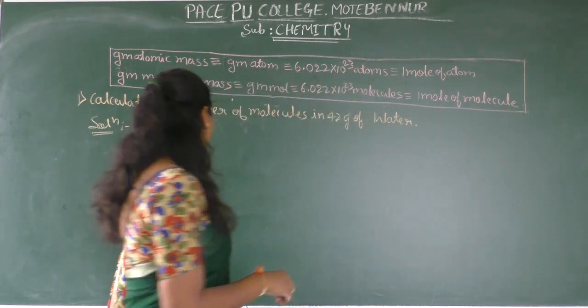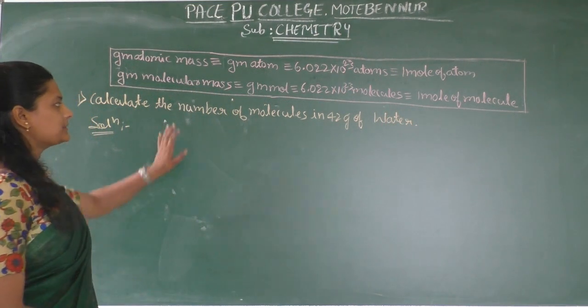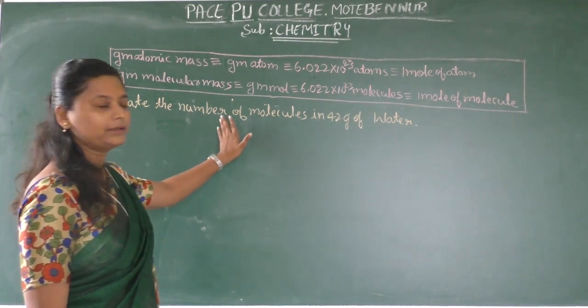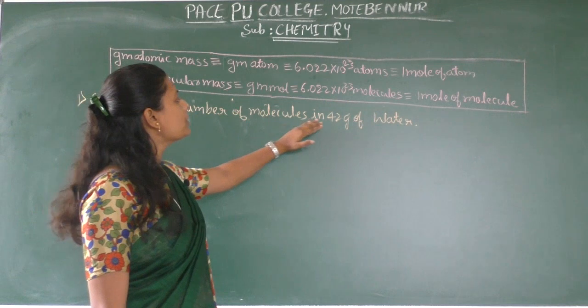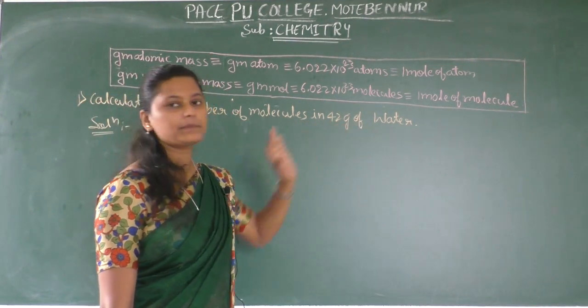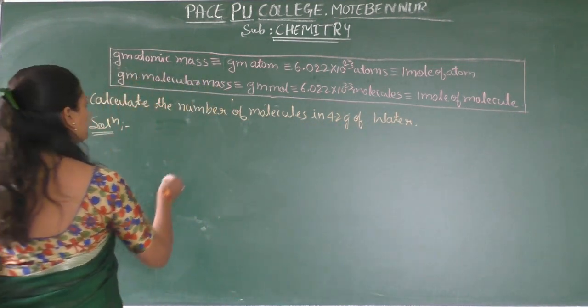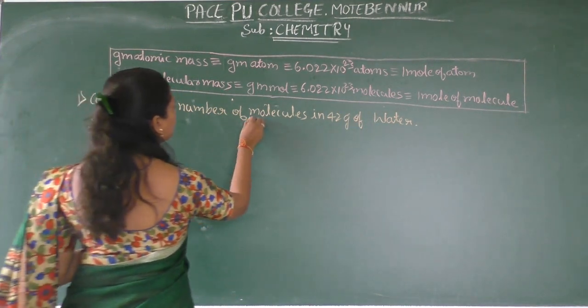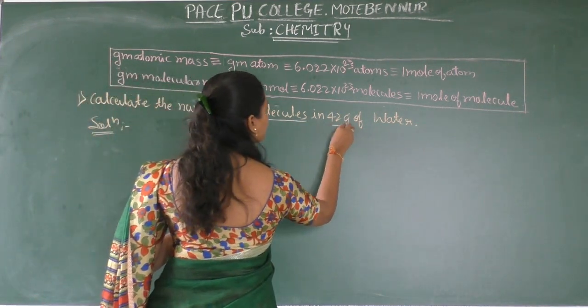So here in case of this problem, we have to calculate the total number of molecules which are present in 42 grams of water. So now we know the relationship between the molecules and gram.